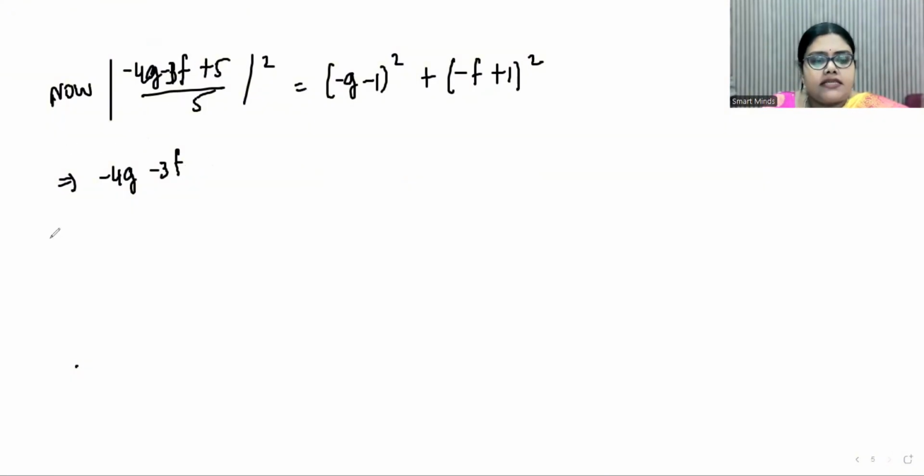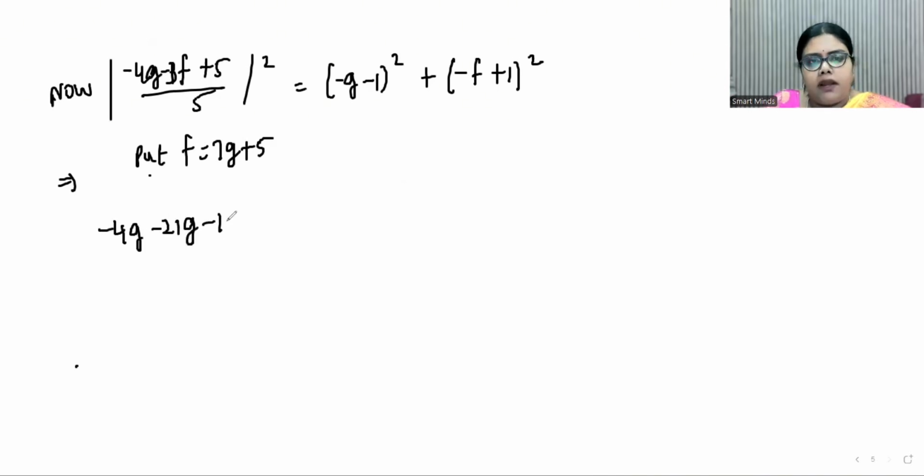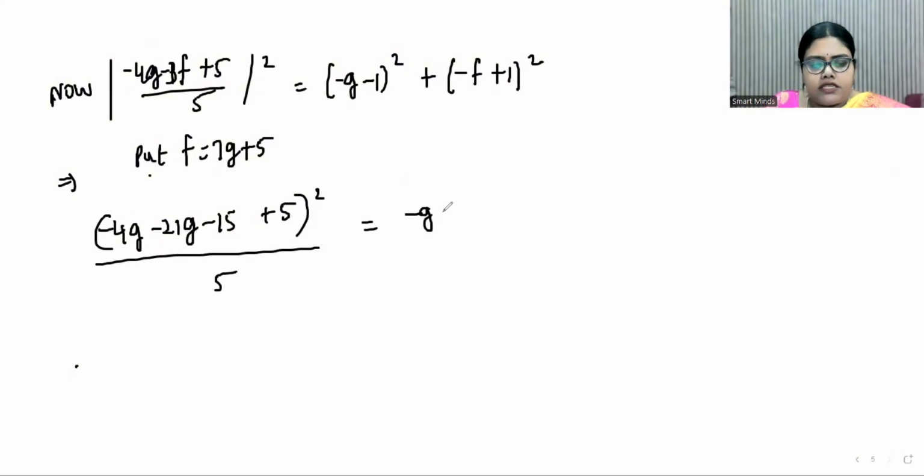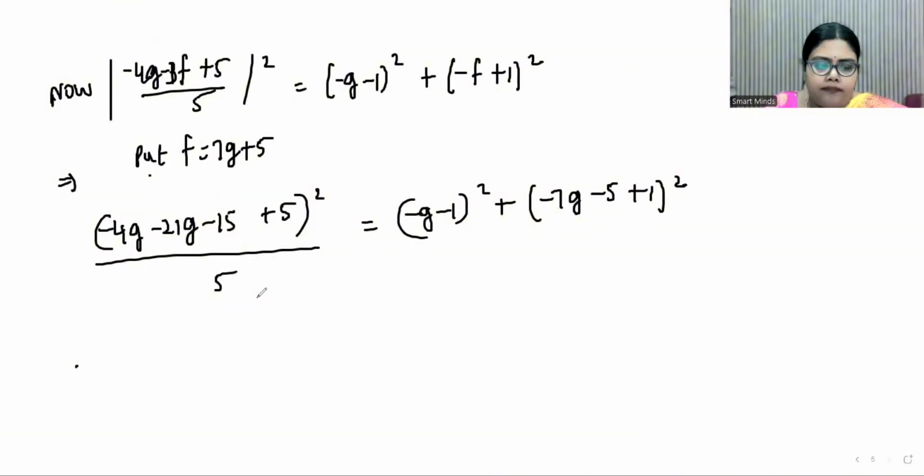See, f is 7g plus 5, right? So if I put f is equal to 7g plus 5, what we will get? We will get minus 4g minus 21g minus 15 plus 5 whole square by 5 is equal to minus g minus 1 whole square plus minus 7g minus 5 plus 1 whole square.